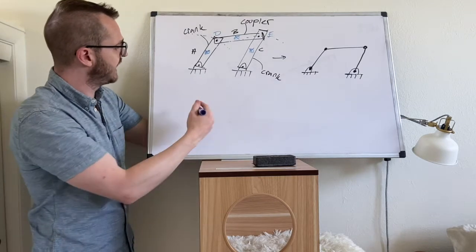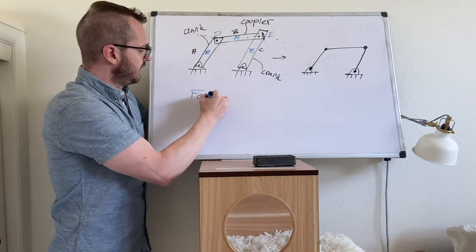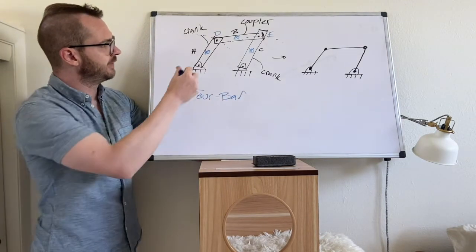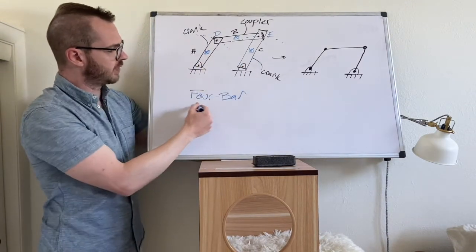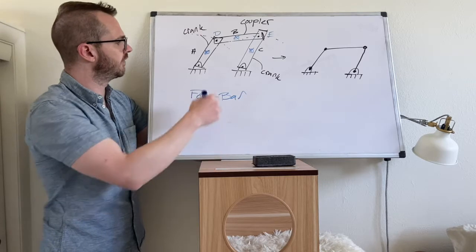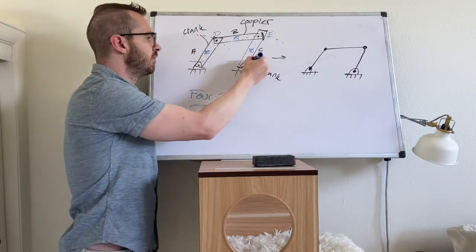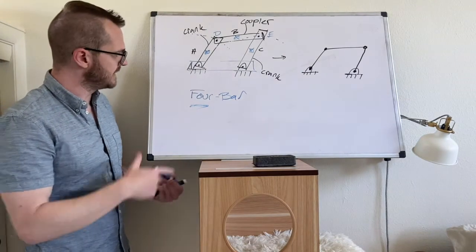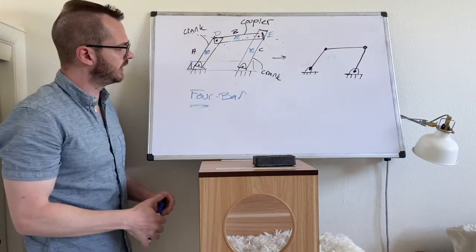Now, you might be asking, if this is a four-bar linkage and we have bodies A, B, C, then where does this 4 come from? The fourth body is the ground. In this case, the ground is not going to move.